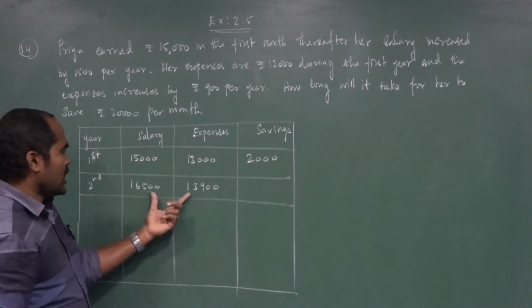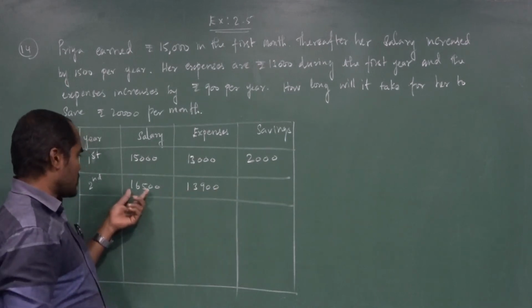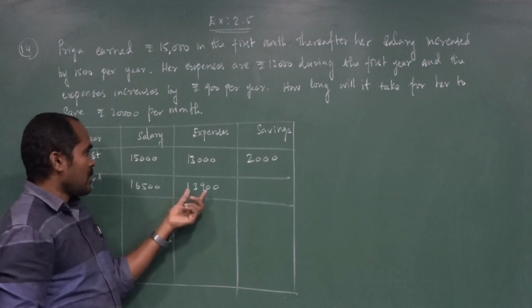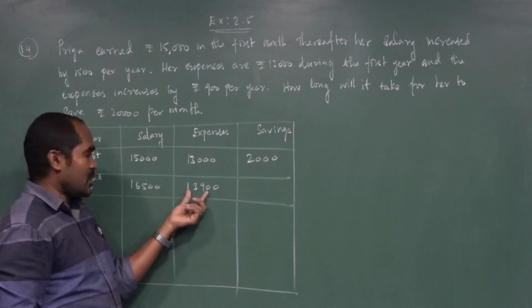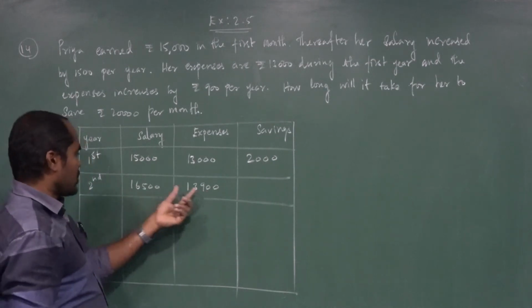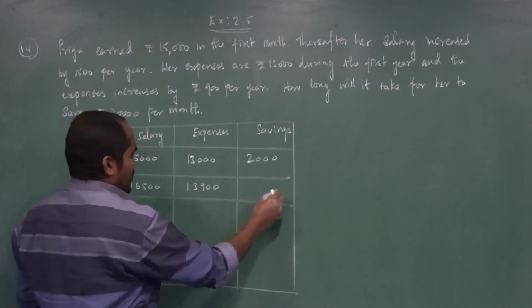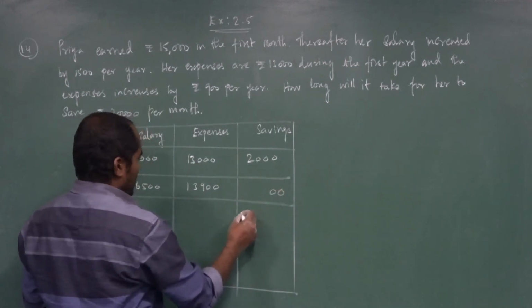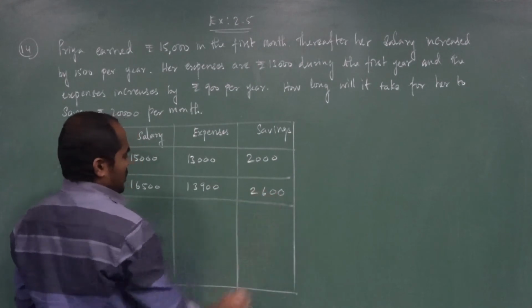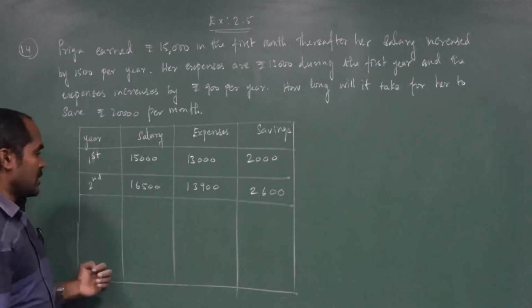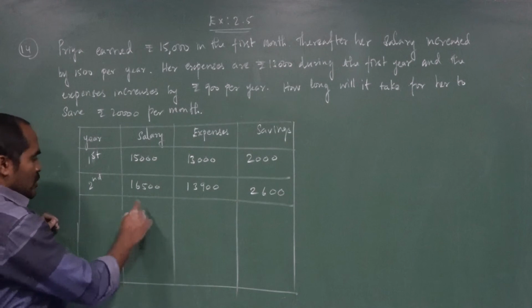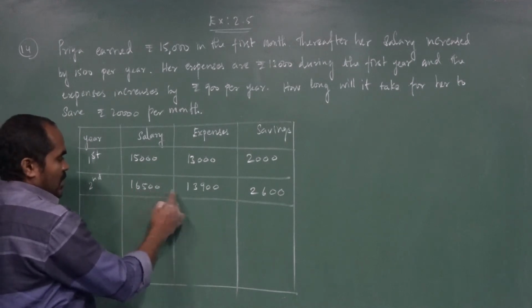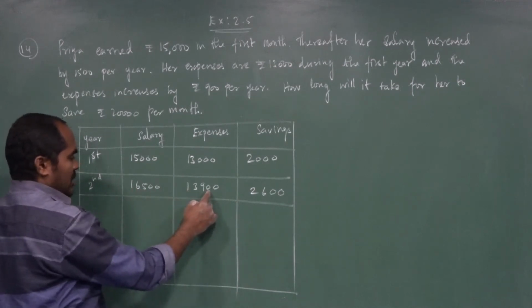So the difference we get is savings. So 16,500 salary, expenditure is 13,900. The difference of these two, we get 2,600. So 16,500 minus 13,900.